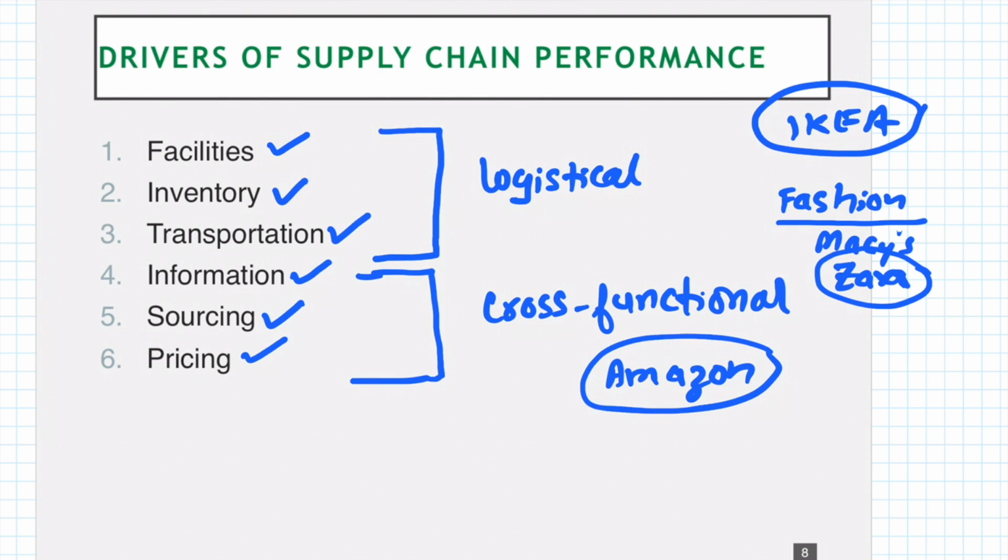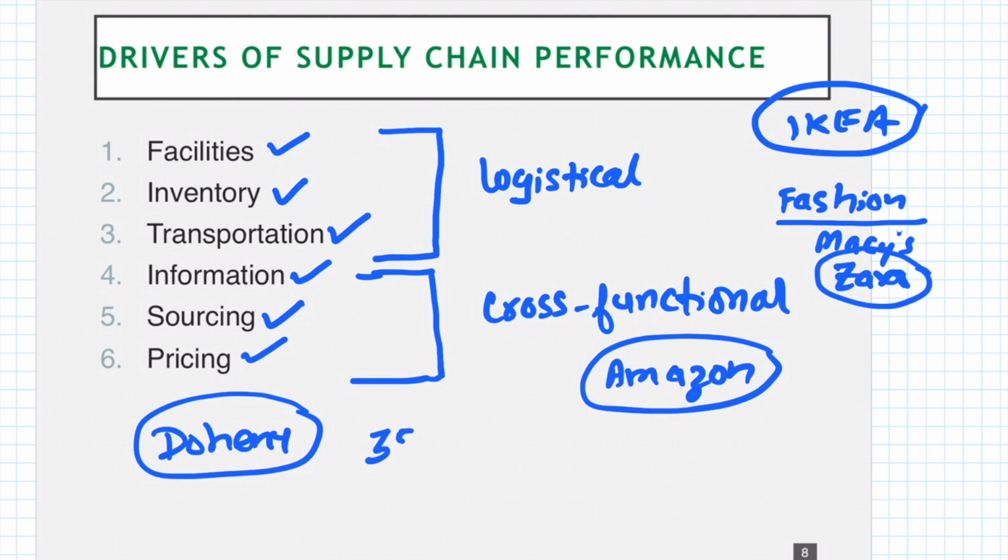In one of the research papers published in 2010, Doheny and others observed that supply chain performance impacts about 35% of the financial performance for clothing retailers. Although this number may vary from one type of industry to another, one thing is sure: supply chain performance through these 6 drivers has significant impact on financial performance.